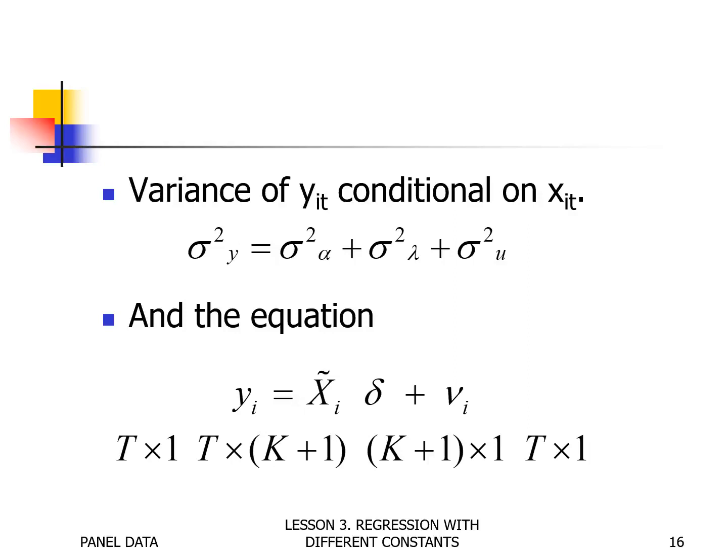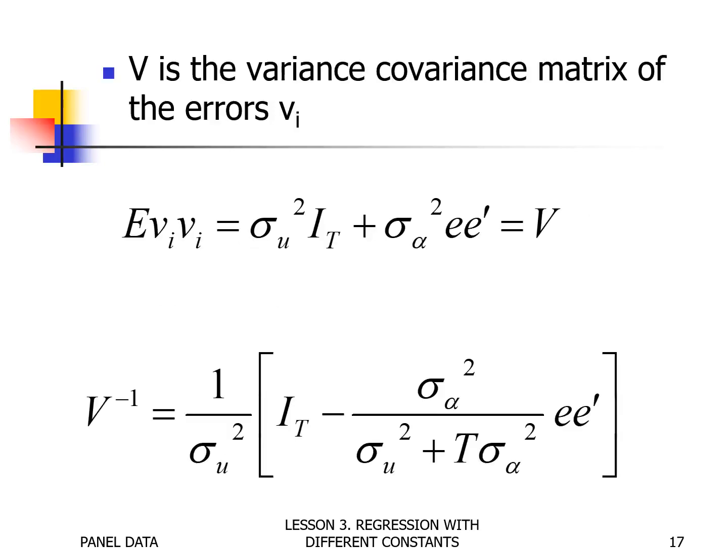Because of all the simplifications that we have done, the equation can now be written in a very simple way, just using deltas instead of betas and alphas, and simplifying also the error term. So this is going to be a simple way of writing the equation in this particular case.